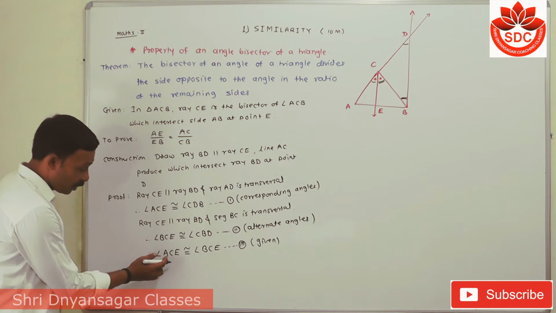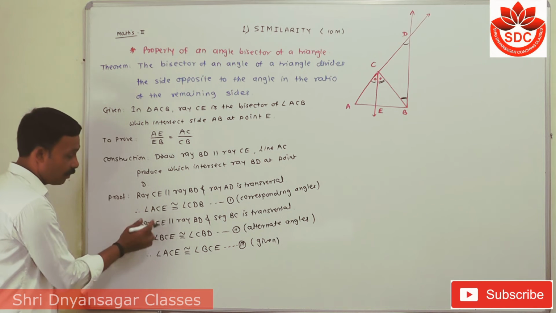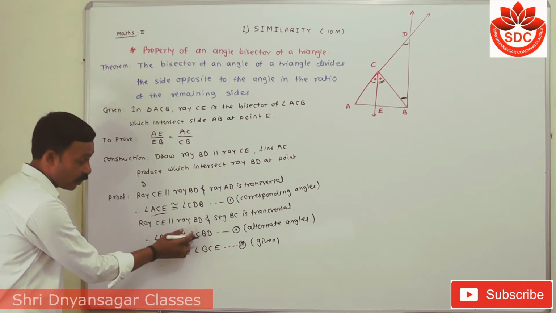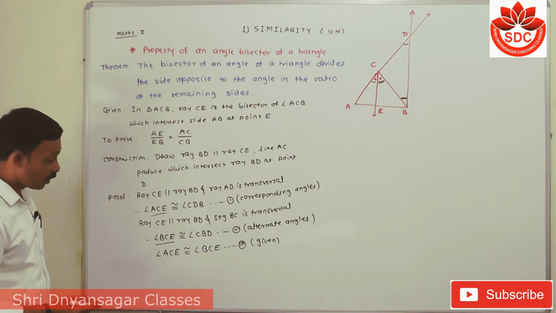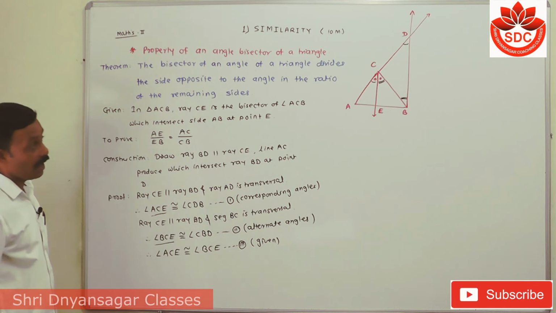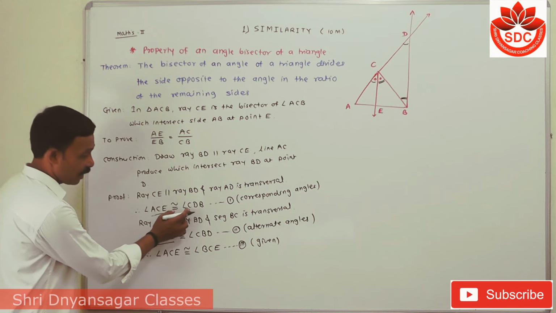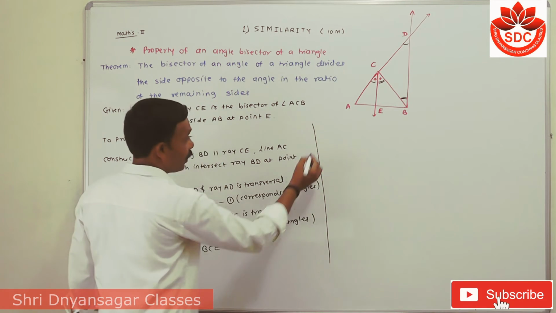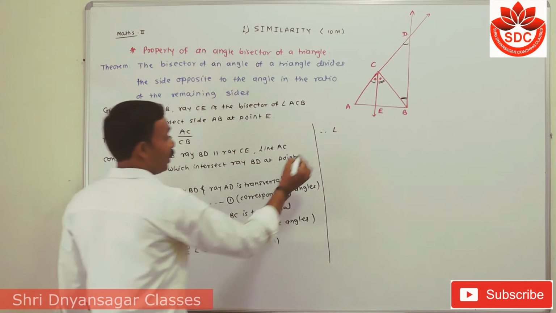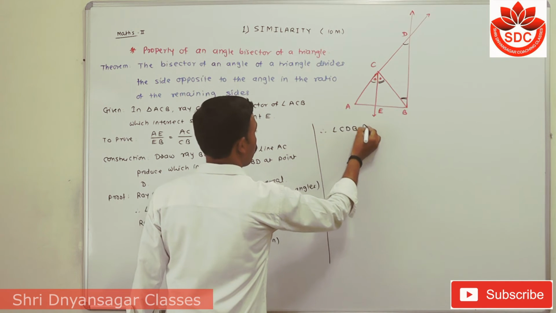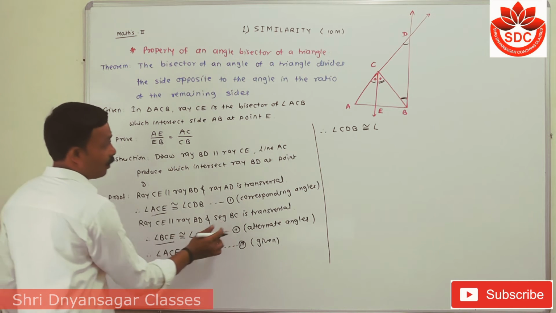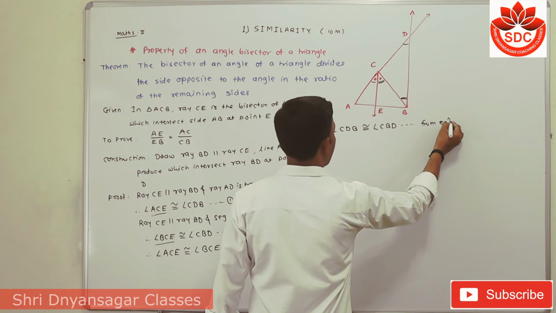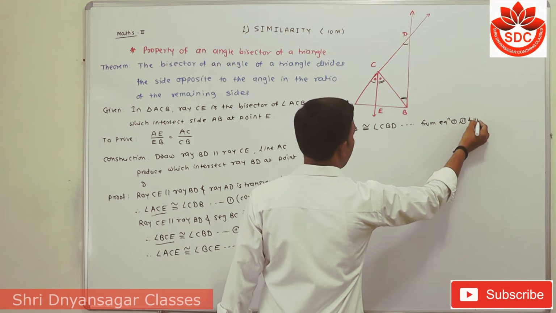From the third, ACE and BCE angles are equal. If these two angles are equal, then the corresponding angles are also equal, that is they are also congruent. So by using first, second and third, I have to write that angle CDB is congruent with angle CBD. The reason is from equations first, second and third.